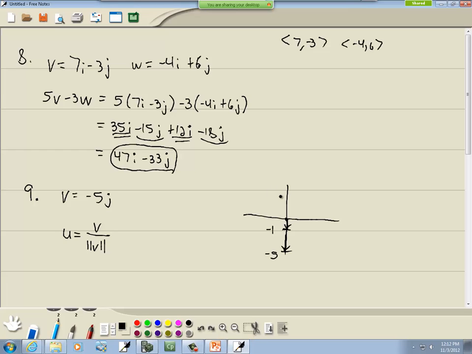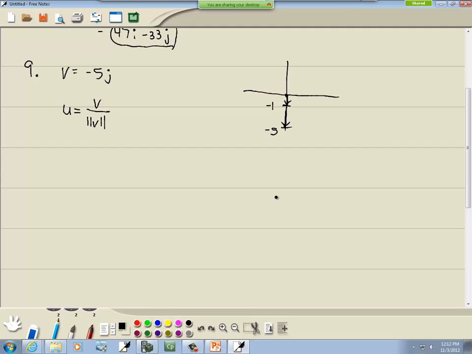But let's go through our formula. So v is negative 5j over the magnitude, which is the square root. And normally I'd square the number before the i and square the number before the j. But there is no i, so I'll just square the number before the j.